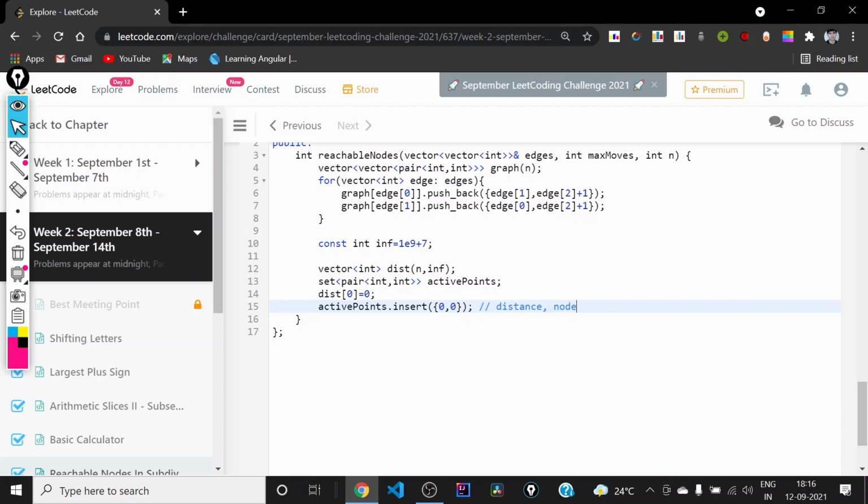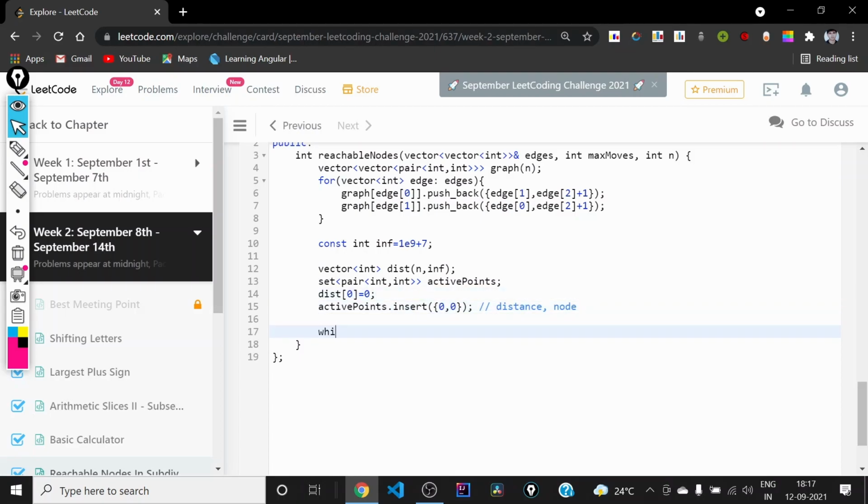The reason I am using distance first is that it is an ordered set, so it will be ordered according to the first member of this pair. Since we are using distance, it will always give us the node with the lowest distance after doing dot begin.